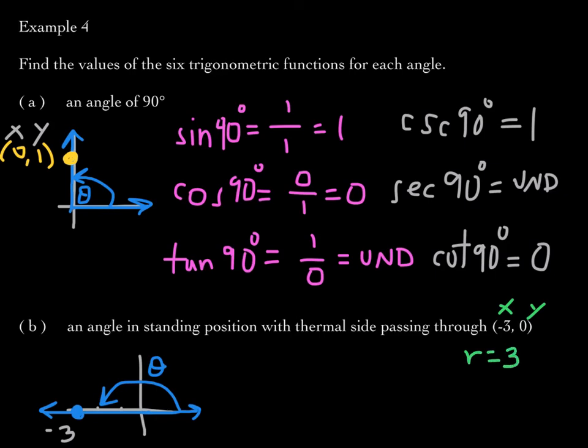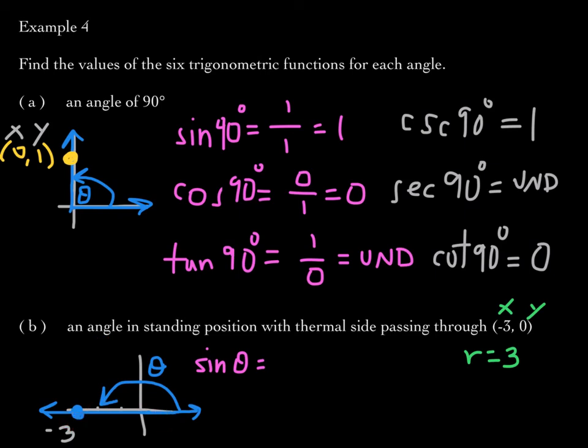All right, here we go, everybody. Sine of theta. Now, I'm using theta here because I hope we all agree that it's 180 degrees. But in the previous example, they told us explicitly what the angle measure was. Here, they're not telling us the angle measure, but we can conclude that it is 180 degrees.